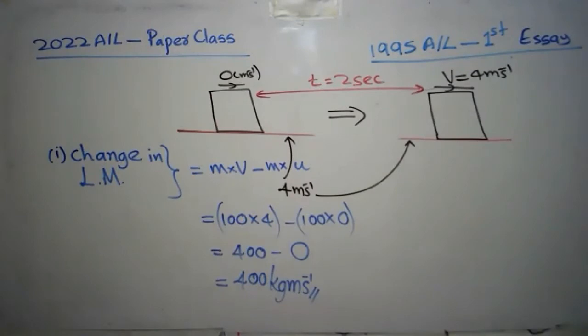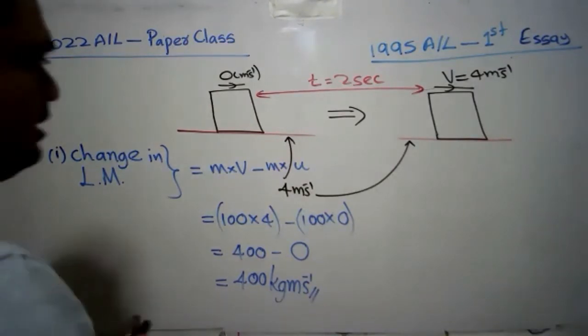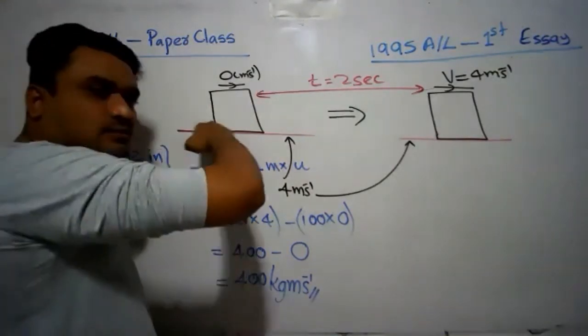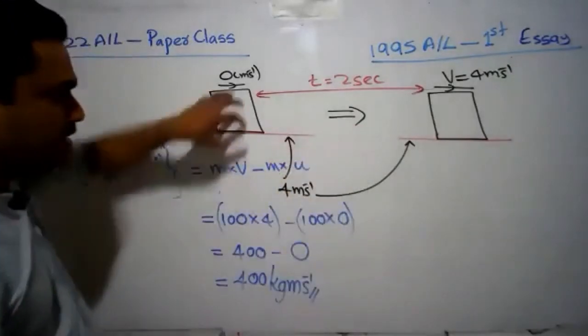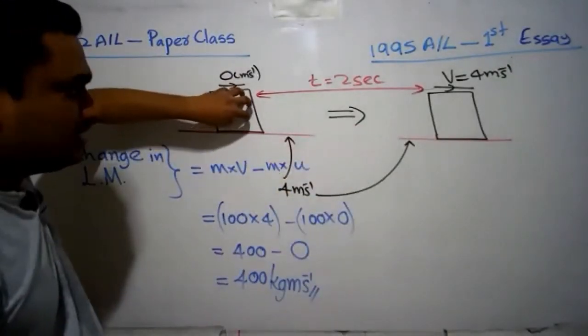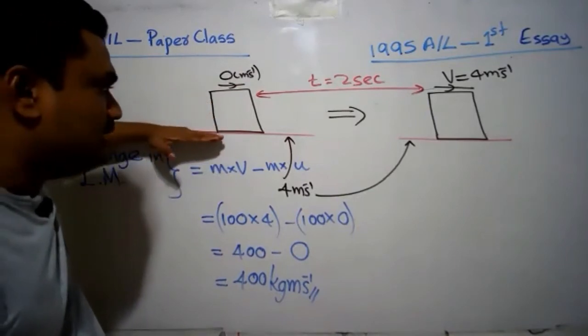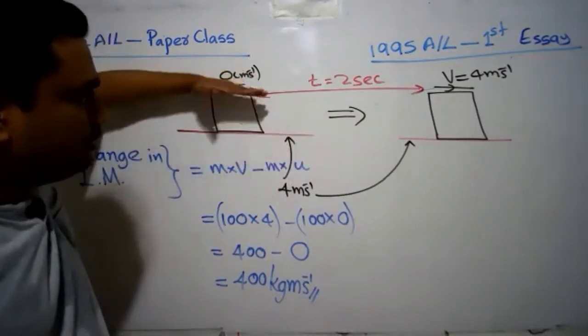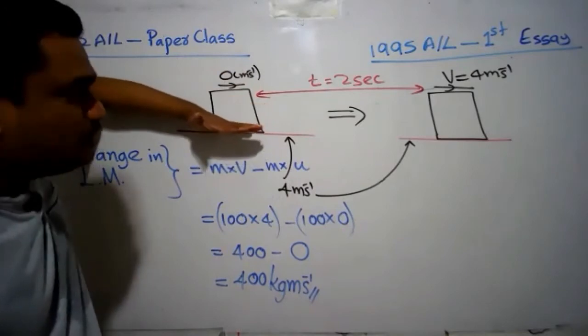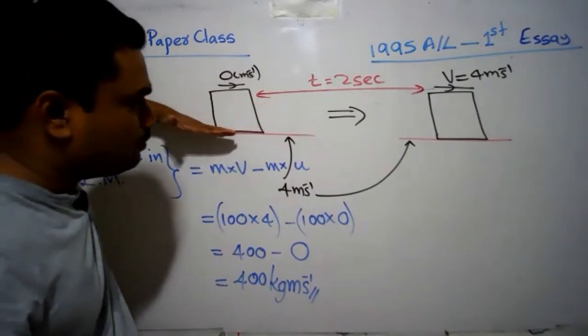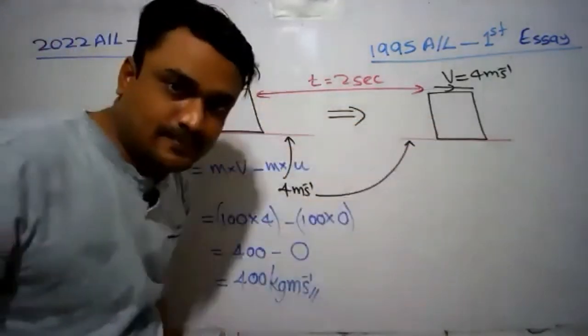Then they ask us to find the force acting on the box and how this force originated. You see, when the belt is moving to the right hand side, the box is at rest. So there is a sliding motion between the box and the belt. So when the belt is moving in this direction, if you keep your hand on the belt, you feel that the belt is pulling your hand to that side.